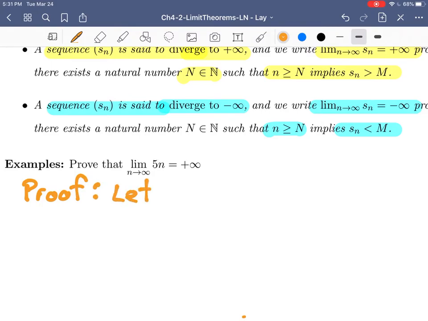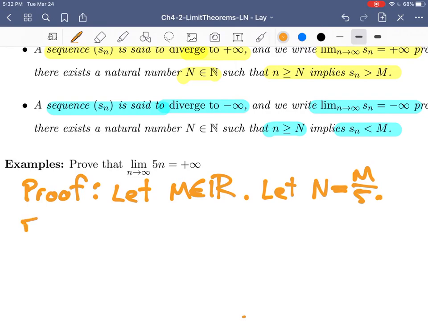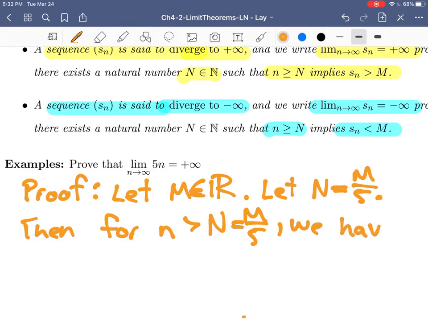We need to let m be a real number. Then we could let N be equal to m over 5. If we do this, then for little n bigger than N, which is m over 5, we will have 5n is greater than m.